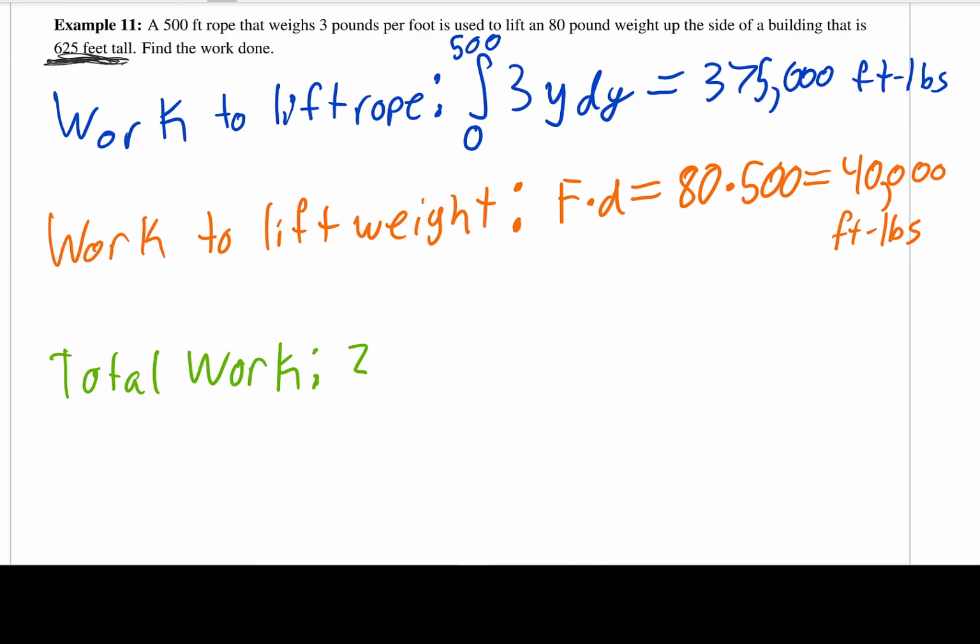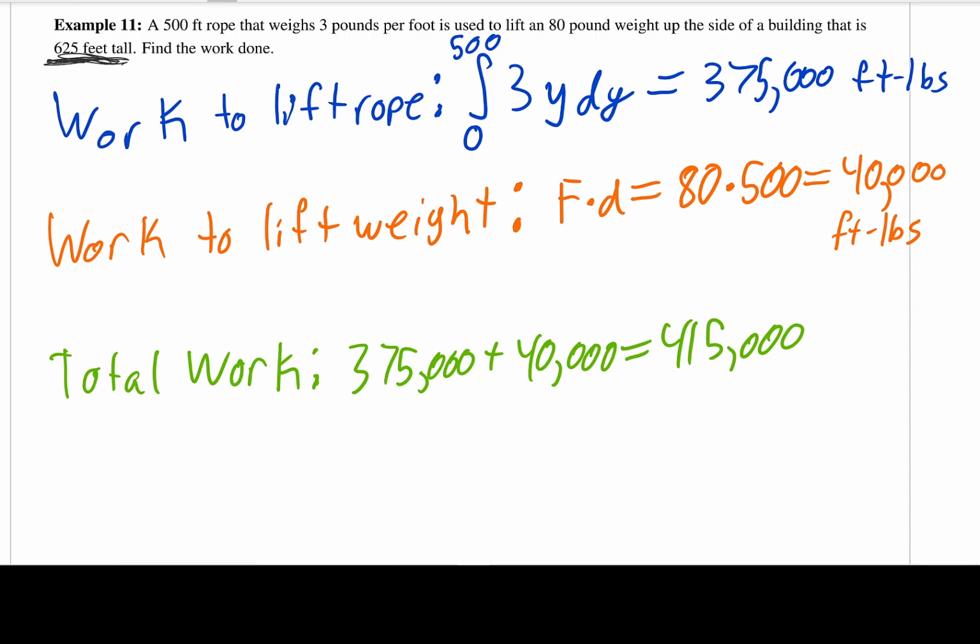And so then our total work is going to be 375,000 plus 40,000, giving us a grand total of 415,000 foot-pounds. Okay.